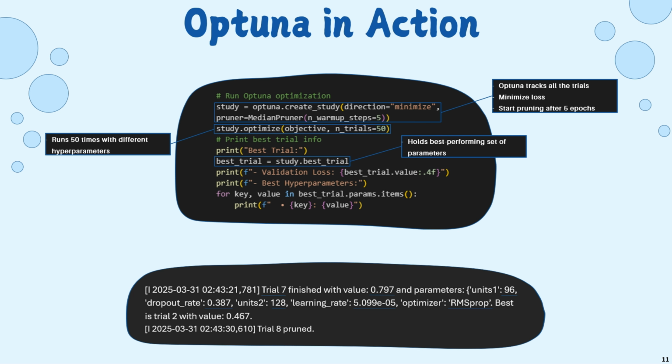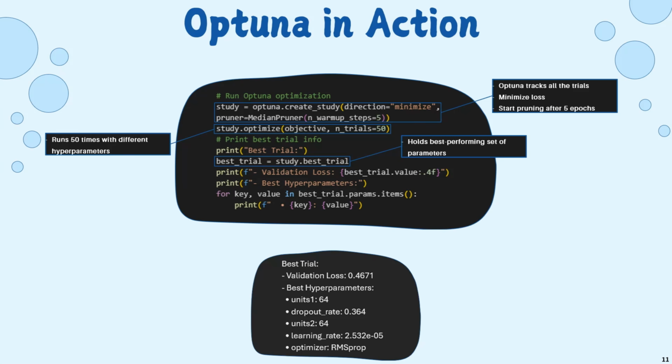It's going to let us know what the best trial has been so far and what the loss value is. It's also going to let us know if a trial has been pruned. After all 50 trials, it's going to give us the best trial with a validation loss and the best hyperparameters. And so far, this model has done pretty good.